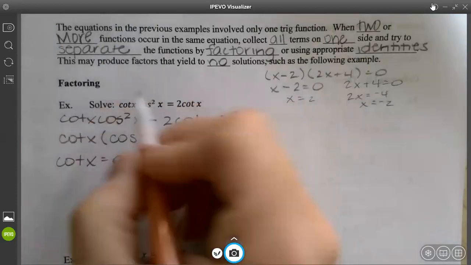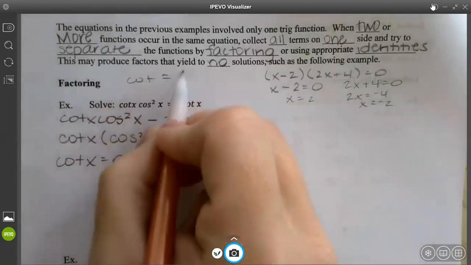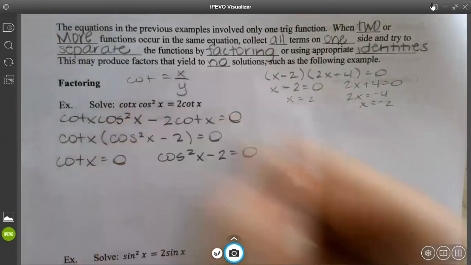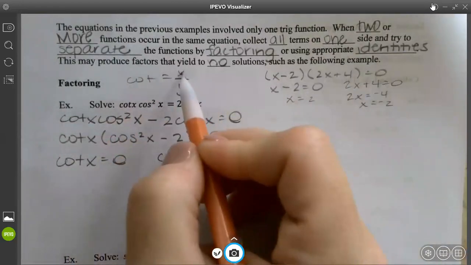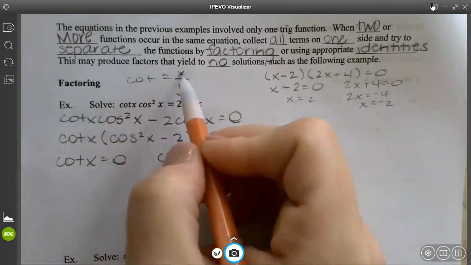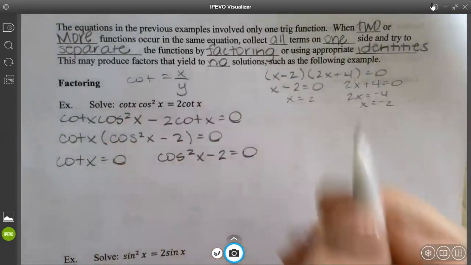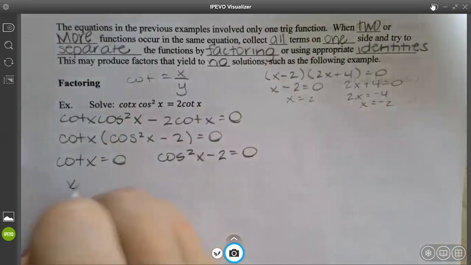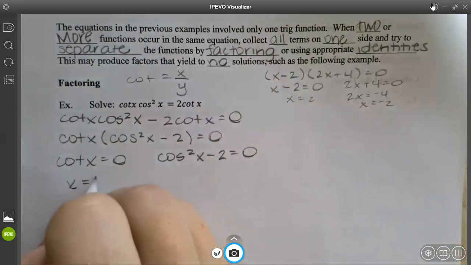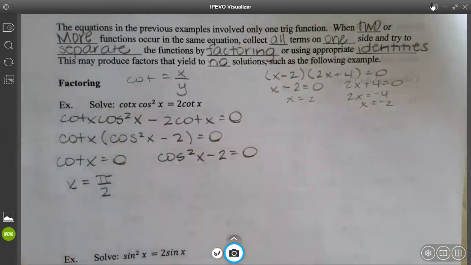If I had cotan equals x over y, what would have to come on top? A 0. So I need where my x coordinates are zero. Where is that? At 90 degrees, which is pi over 2.